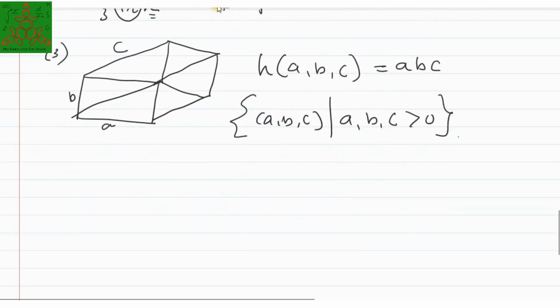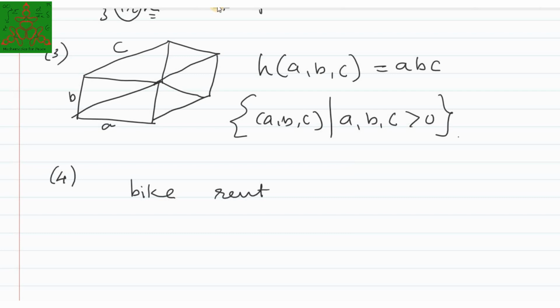Now the fourth example, if we go into economics or a real life example. Suppose you have a bike and you want to rent that bike to some person. What should be the price of the rent? It depends on how many days you rent the bike, and another quantity is how many miles you ride.